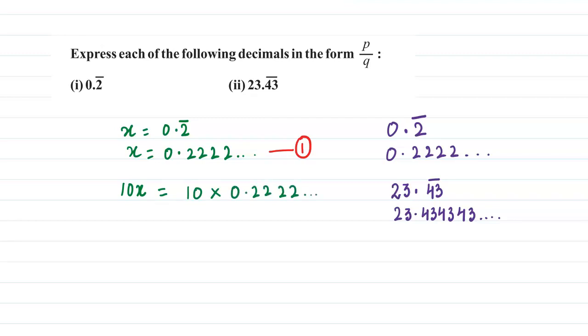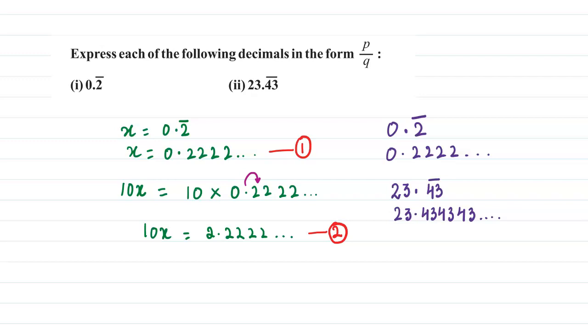The decimal point is going to move by one place. So here the decimal point is going to move by one place. So we will get 10x will be equal to 2.22. So now we will name this equation as the second one.